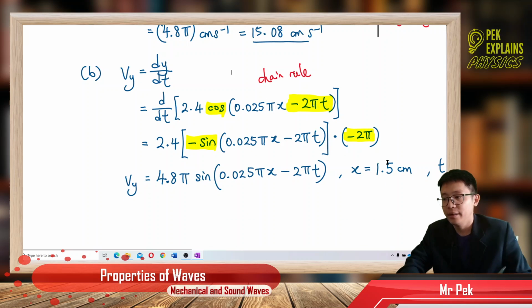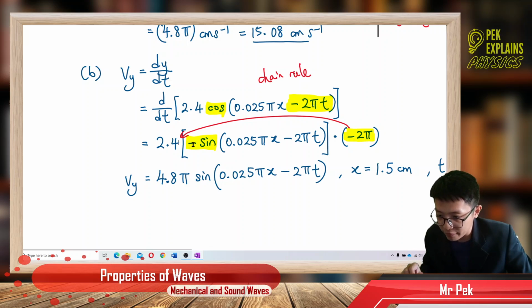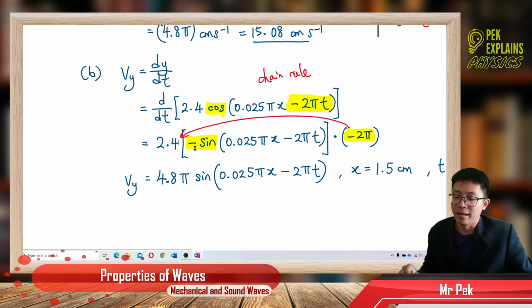Then after that you multiply this negative 2 pi to the front, like in simple harmonic motion. Negative 2 pi times 2.4, and because here we have a negative already, negative times negative gives you positive.